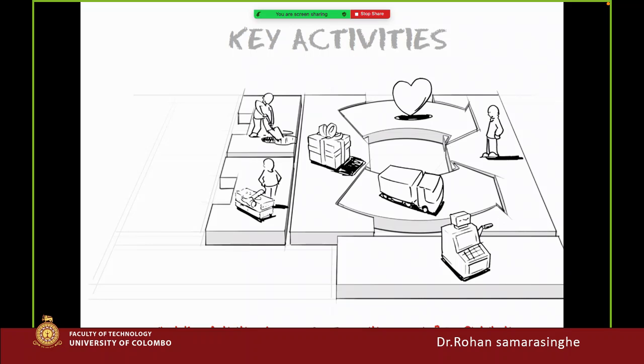You can use the star marks, 5 or 6 star marks. If you are satisfied, you can mark 4 or 5 or 6. That also analyzes the efficiency, and if there are some failures, they want to develop that. That's why they always analyze these key activities, customer relationships and revenue streams.